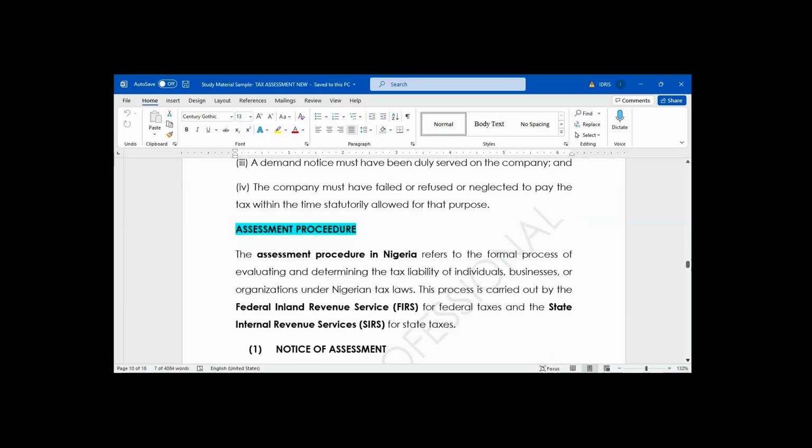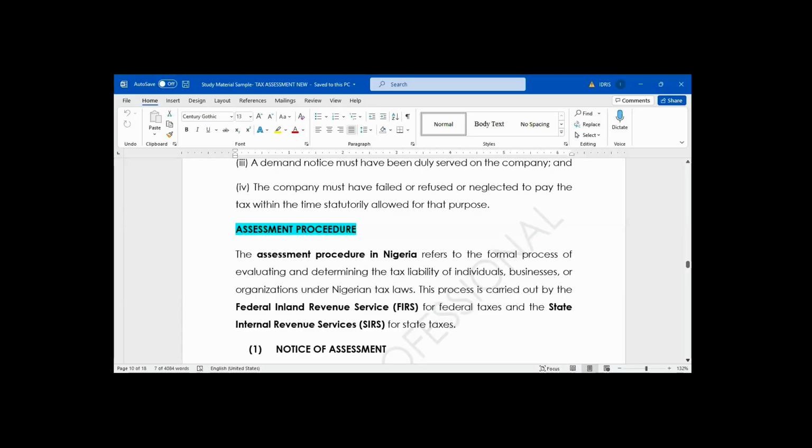This assessment procedure refers to the formal process of evaluating and determining the tax liability of an individual, business, or organization under the tax law. This process is carried out by FRS or the State Internal Revenue Service. This assessment procedure normally arises as a result of tax audits.